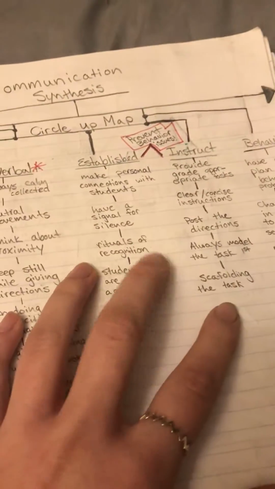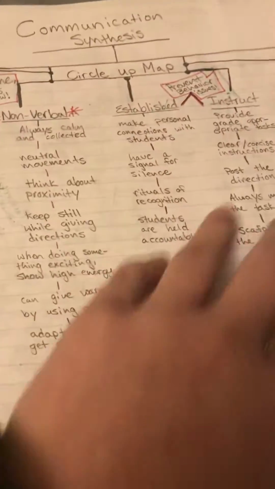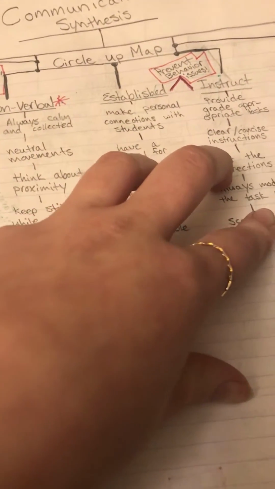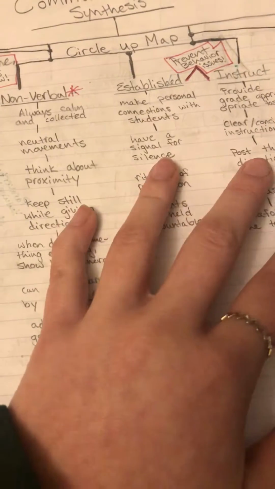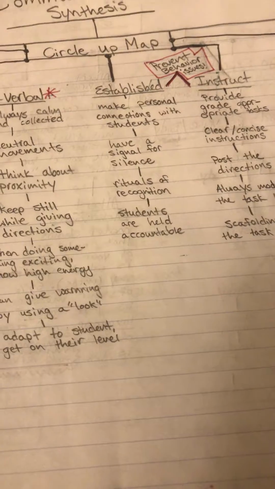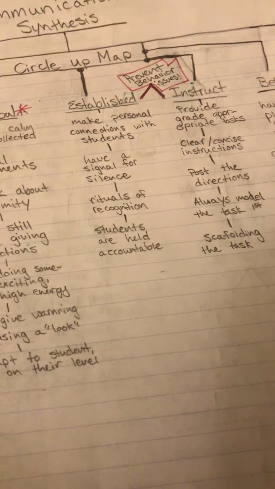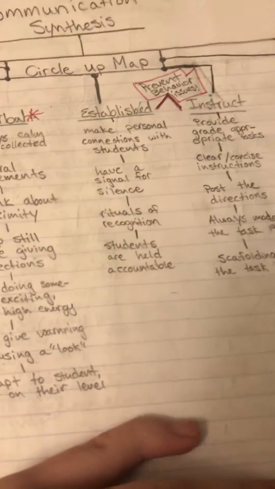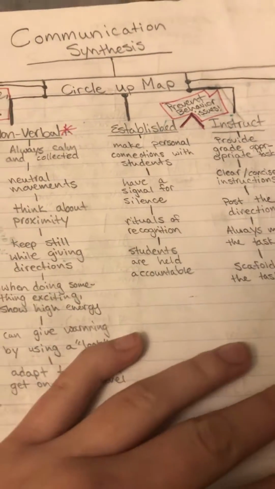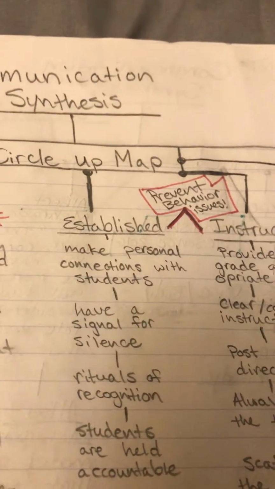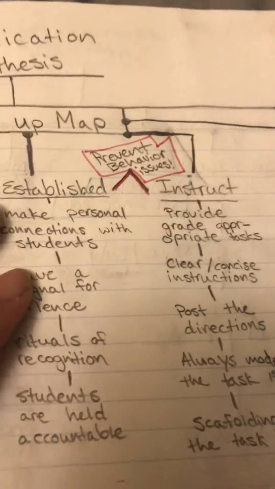The next part that I have is ways to prevent behavior issues, things that you can have in a classroom that are going to keep your classroom together and on task, so that students don't have the pathways to misbehavior. So the first thing is having certain things established in your classroom. This goes back to procedures and things such as making personal connections with students.